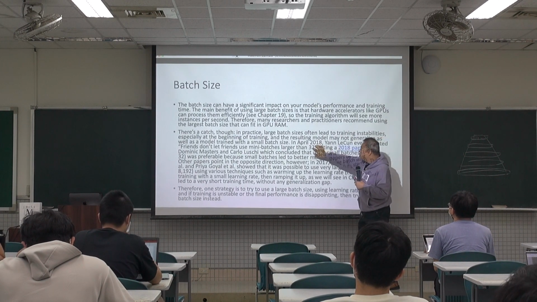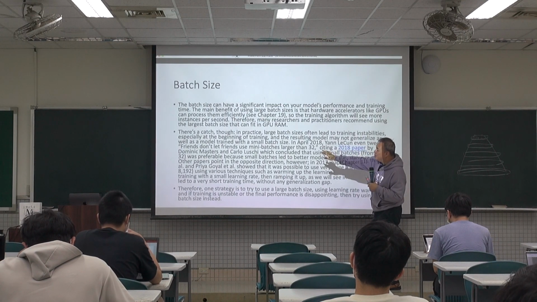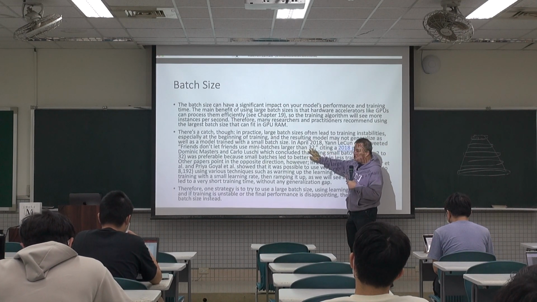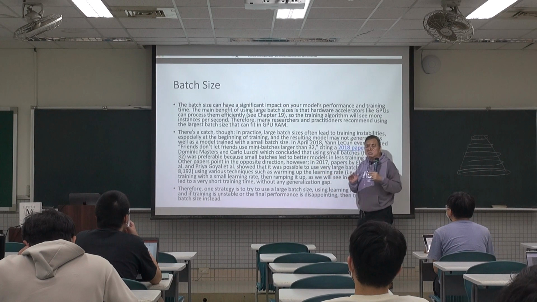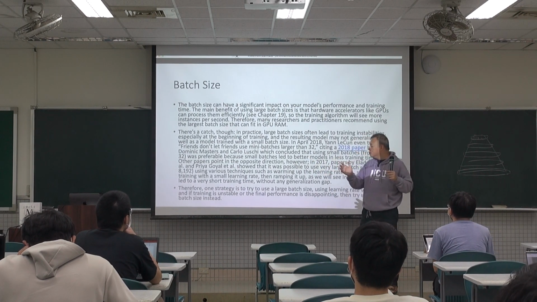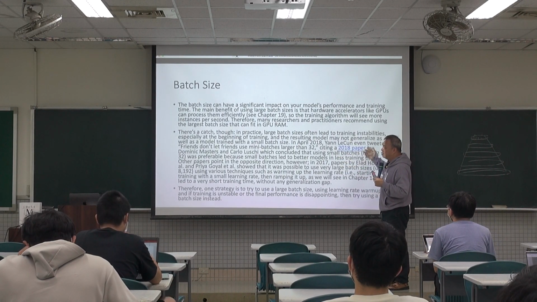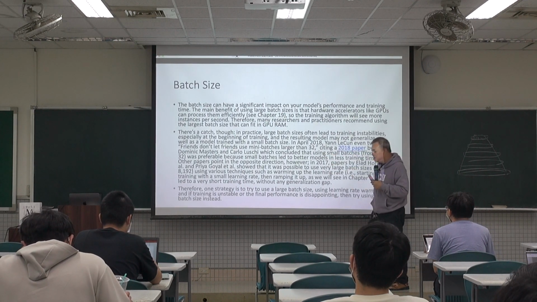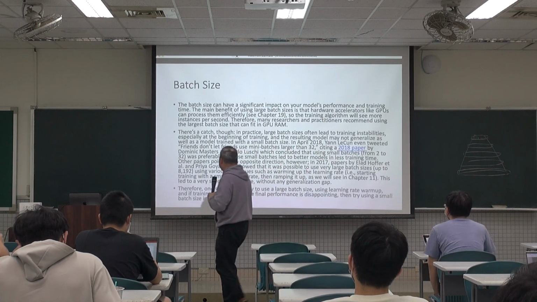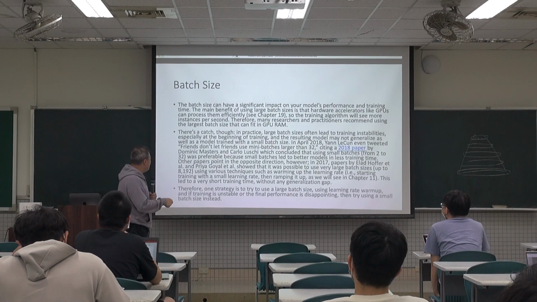So in early 2018, Yann LeCun commented that friends don't let friends use mini batch larger than 32. So he backed up the idea that mini batch should be smaller or equal to 32. He cited a 2018 paper from a bunch of people, and there are also some debates about this.